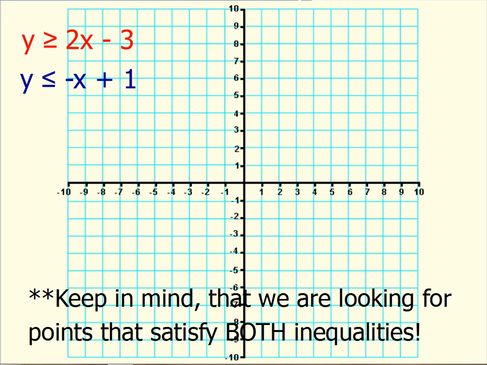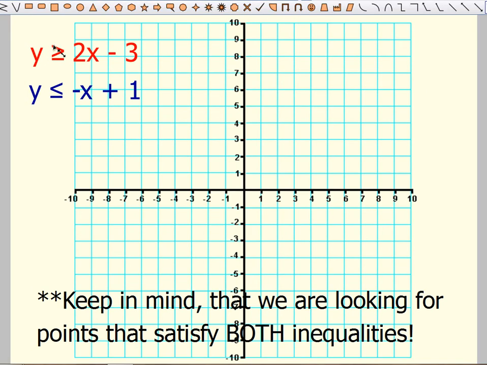So here's our first example. I'm going to tackle each inequality separately. First I'm going to take a look at y is greater than or equal to 2x minus 3. Just a reminder that if it was just greater than or just less than, I would use a dashed line. Greater than or equal to or less than or equal to, however, uses a solid line.